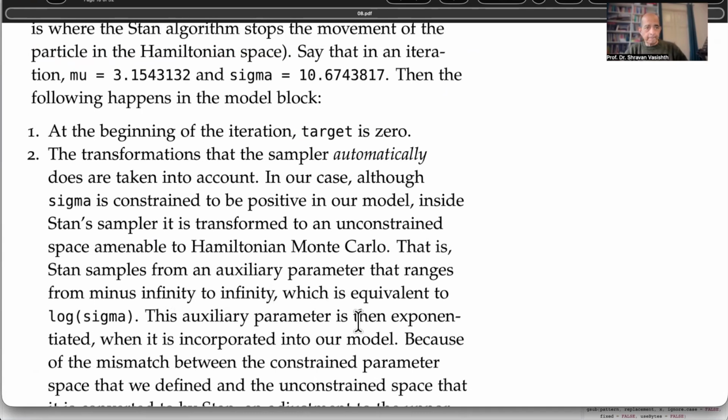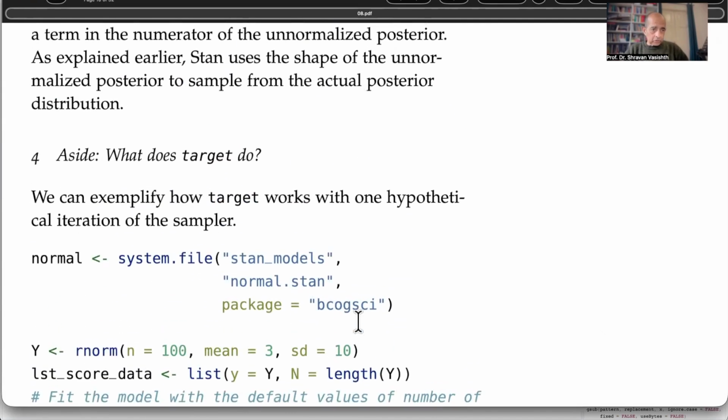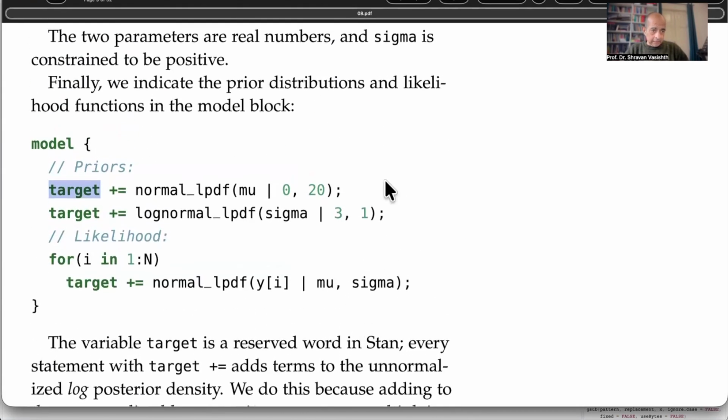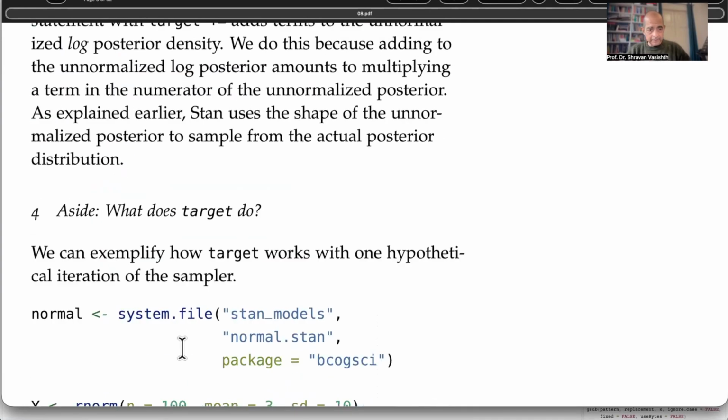Okay. Oh, and I should also mention that this syntax should probably be familiar to anyone who's done some programming. This is just incrementally adding more and more values to a particular variable. Okay.